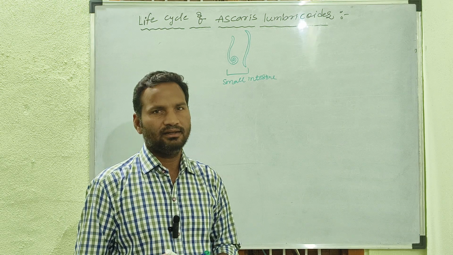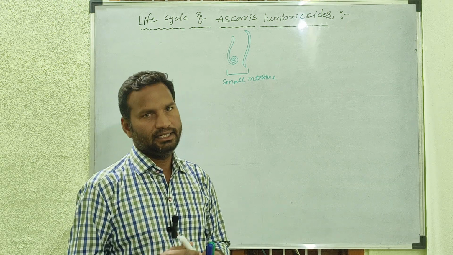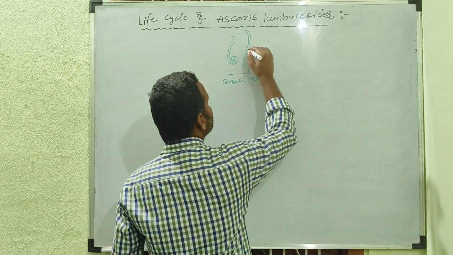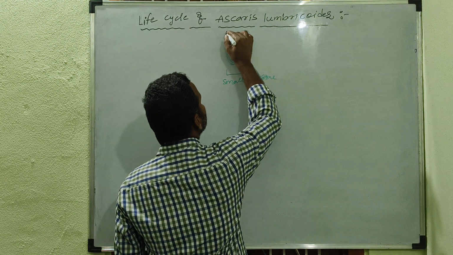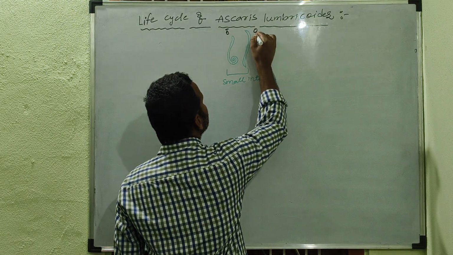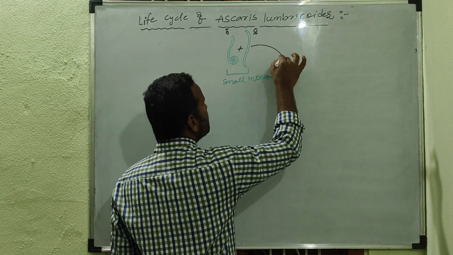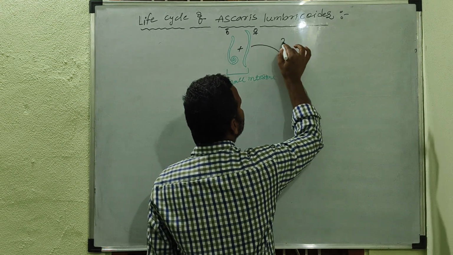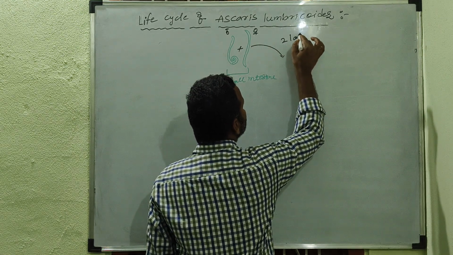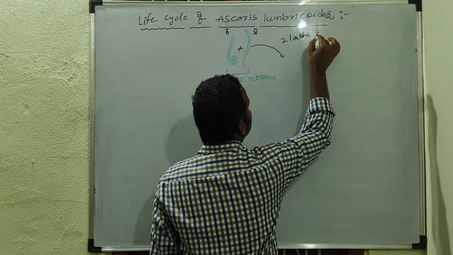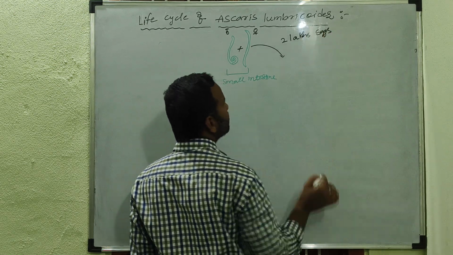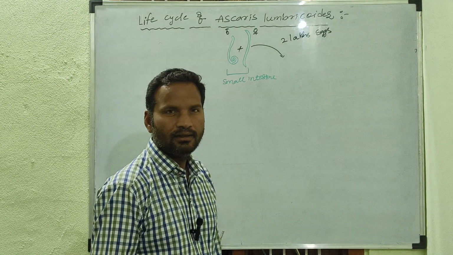So these eggs are called mammillated eggs. See there, this is the female and this is the male. After copulation, the female releases approximately 2 lakh eggs per day.